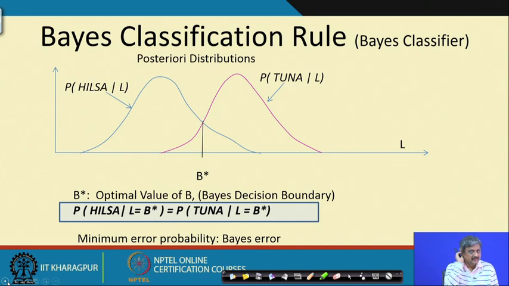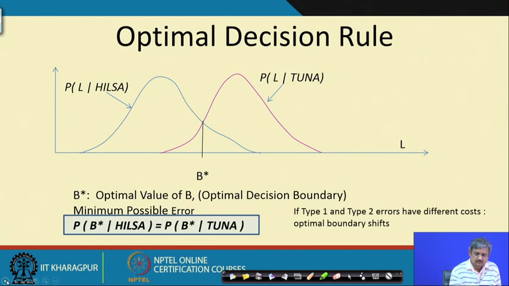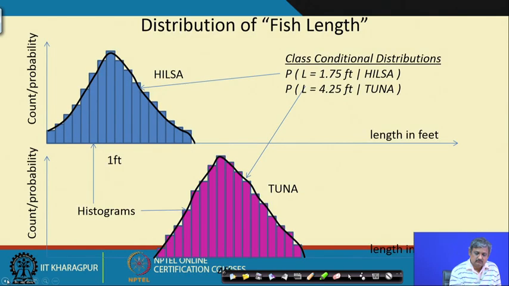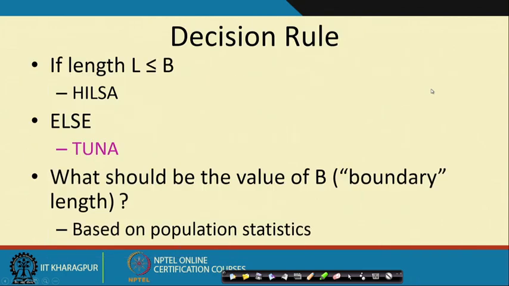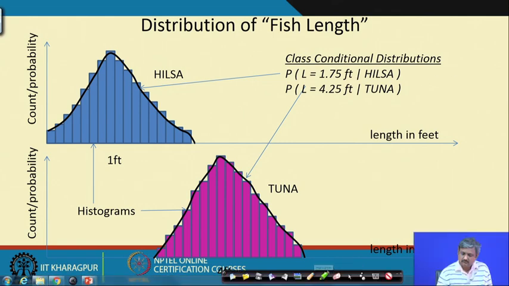So, I repeat my steps with these pictures. Let me look back a little. I collect a population, I draw this histogram for Hilsa, distribution of length, I draw the class conditional distributions for each of the classes.